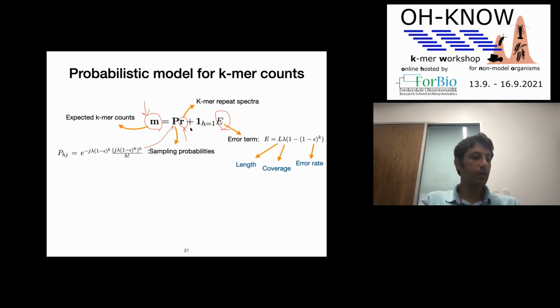So we want to get rid of coverage and error. How do we do that? Well, just like before, we have to come up with a smart algorithm to compute coverage and error, and also genome length, which we don't know. Once we know those, then we can translate from M to R, right? But because we don't know these, we have to do all these estimations together.